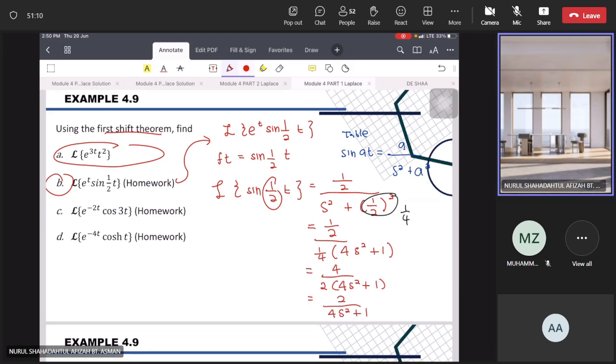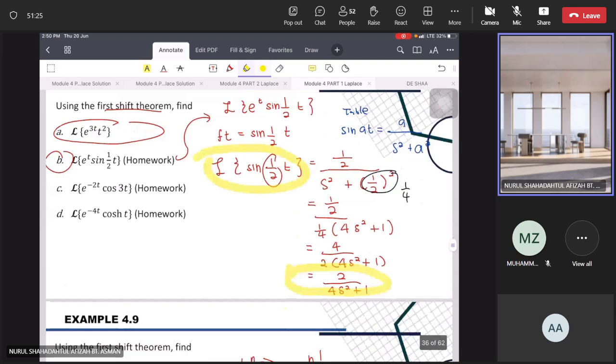So this one, the first one, you get this. You need to divide for the first shift theorem. You try to solve, for example, A, you try to solve this one first. Yeah. So this is the first step.